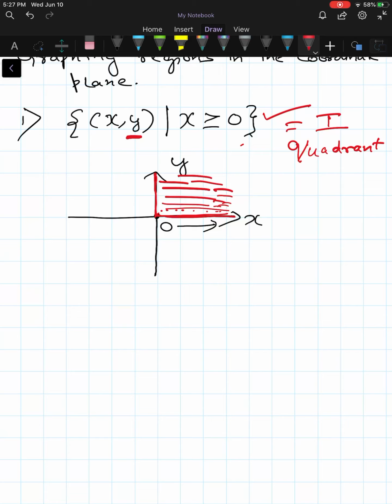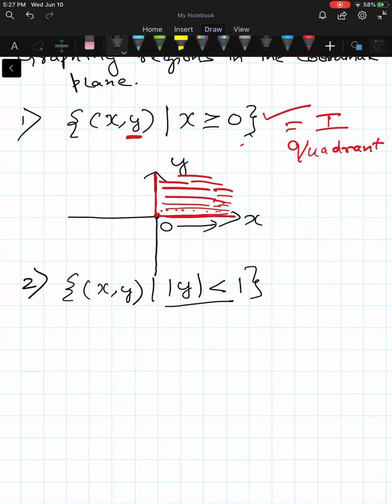Okay, let me do another one. Second one. Set of all x comma y such that the absolute value of y is less than 1. So let us look at the condition in the set.